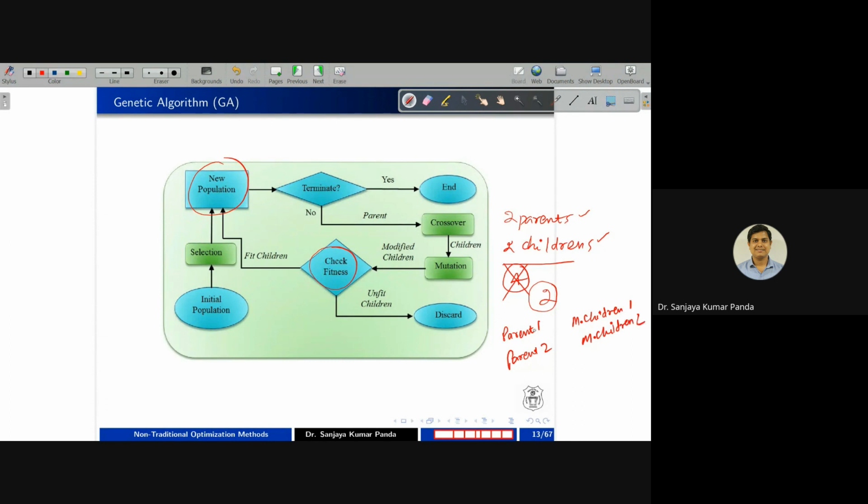Assume that parent 1 performance is poor compared to modified children 1. Then I am selecting modified children 1. On the other hand, let's say parent 2 is better than modified children 2. Then I am keeping parent 2 as it is. Only thing is that after doing this process, we'll replace parent 1, which is already there in the new population, with modified children 1. This process we are adopting here, and this entire process is called one iteration.